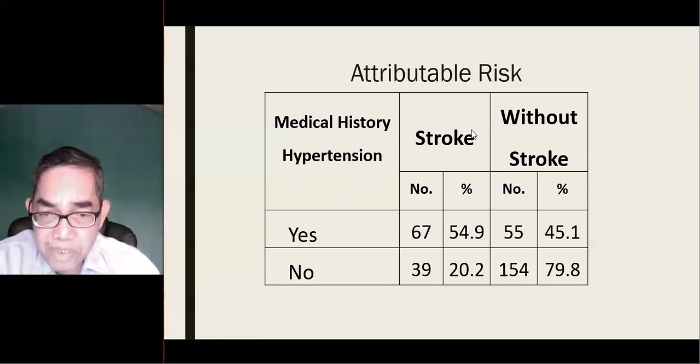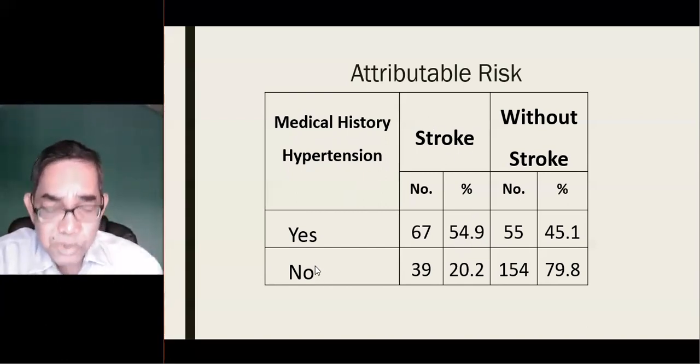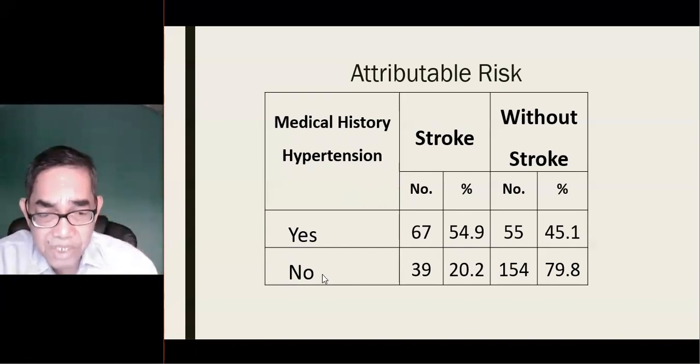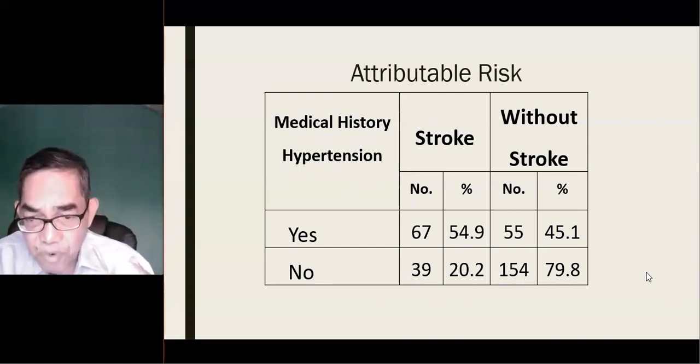54.9% develop stroke. Now, among those who don't have medical history of hypertension, these are the unexposed. And how many of them? 39 plus 154, and that is 193.